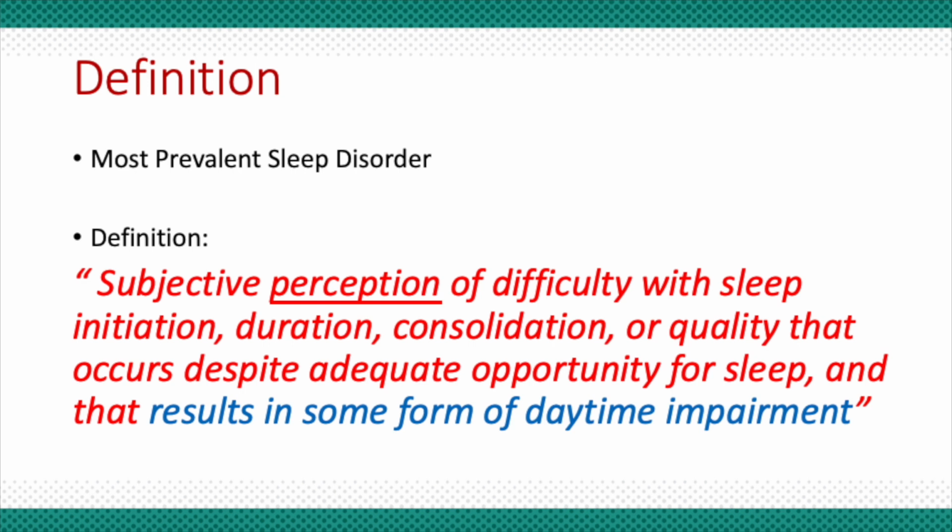So when we describe insomnia, it has to be a subjective perception, and this perception of the patient will be in the form of either difficulty with sleep duration, initiation of sleep, consolidating sleep and the ability to stay asleep throughout the night, or the quality that they are getting. And there should be no difficulties in getting an opportunity for sleep. So not having an availability of area or time to sleep will not be insomnia, and the next day that must result in some impairment of the daytime quality. That's very important for us to describe a chronic insomnia in an adult patient.